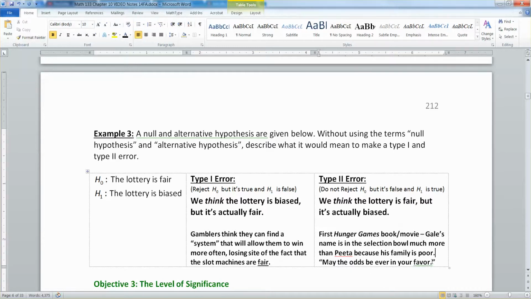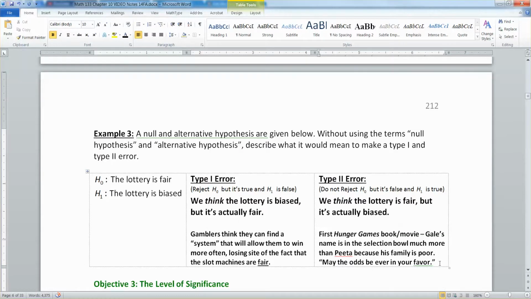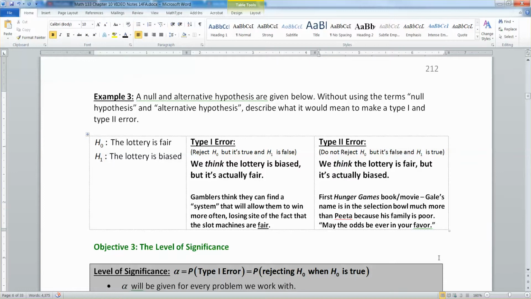So Al Capone will not treat you fairly, just on a side note. And of course, the world is full of examples of this particular one where people thought something was fair and it wasn't because somebody was doing insider trading, or I'm thinking of the stock market in that case, that kind of thing. All right, so let's pause right here and we'll come back to talk about the level of significance.